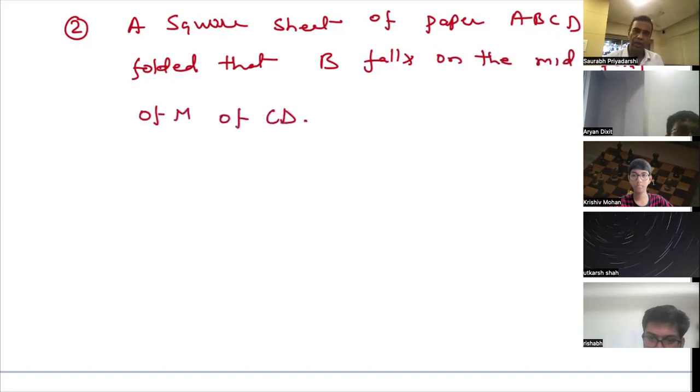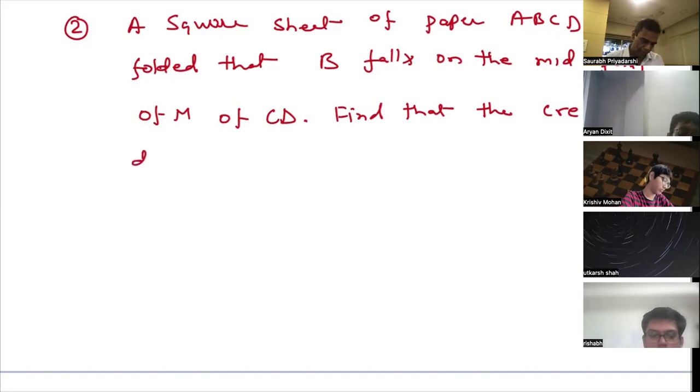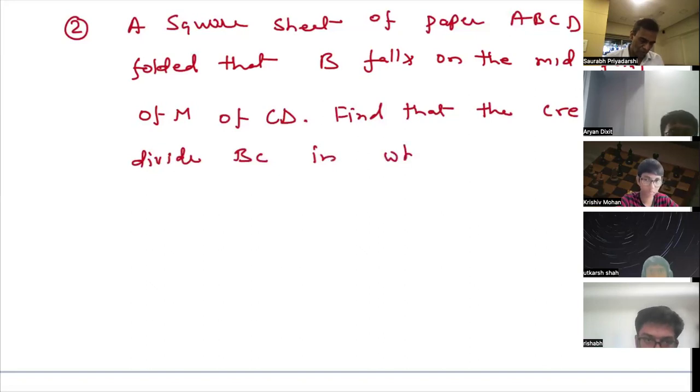The midpoint is called M, that is on CD. Find that the crease will divide BC in what ratio?